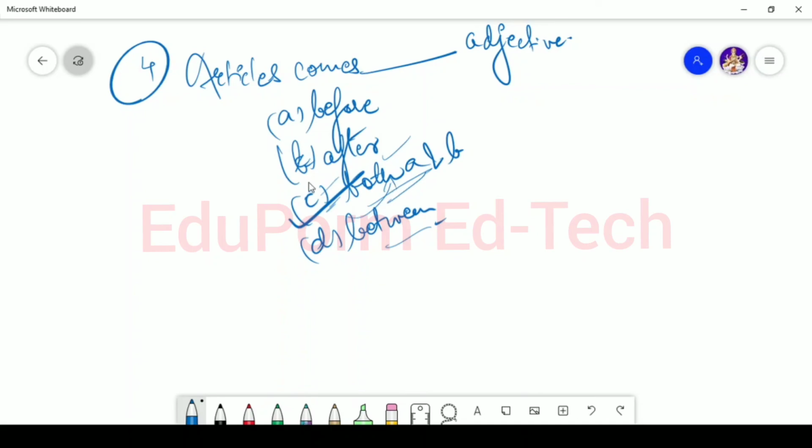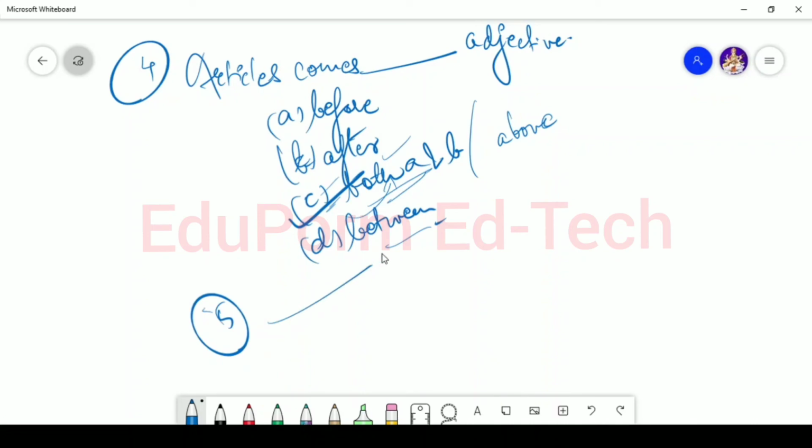So here the third option is the correct one. If there had been some other option, you would have chosen that the article comes before adjective. Just take care of this thing.